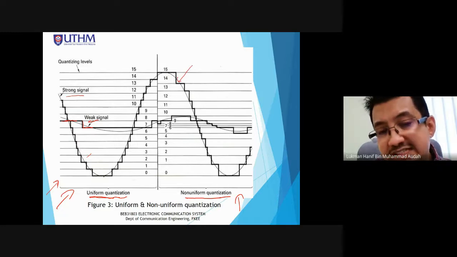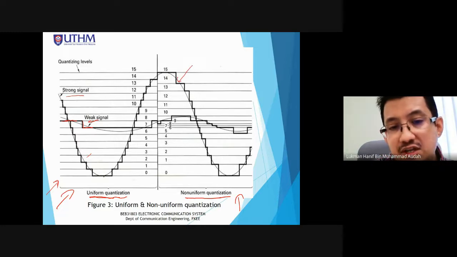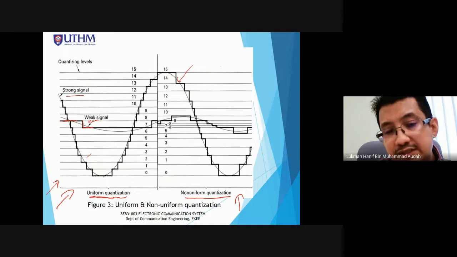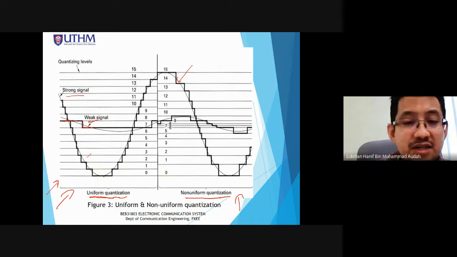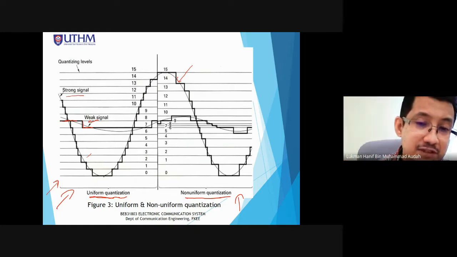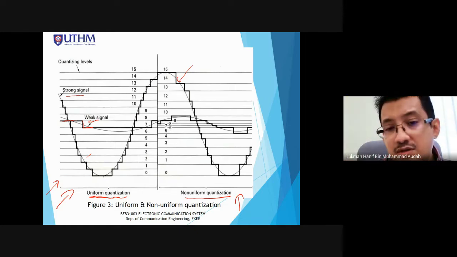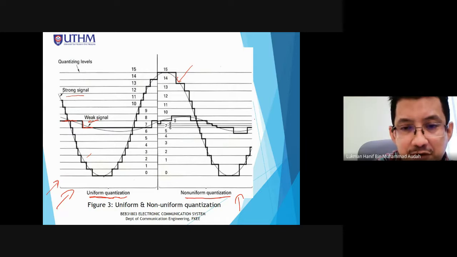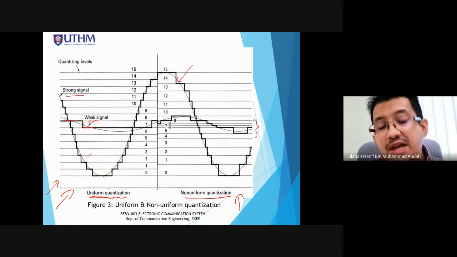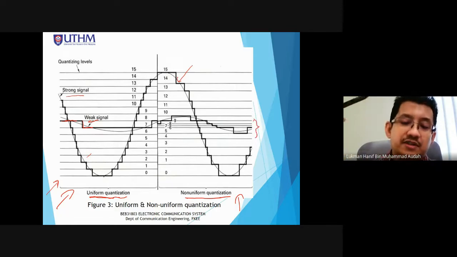Manakala untuk weak signal, perubahan input yang slow ini, dia akan memperbanyakkan nilai quantization levels. So especially for the weak signal, we can have many quantization levels.